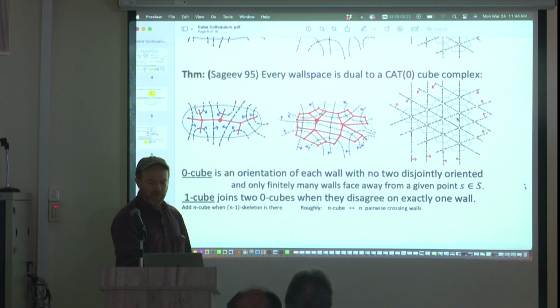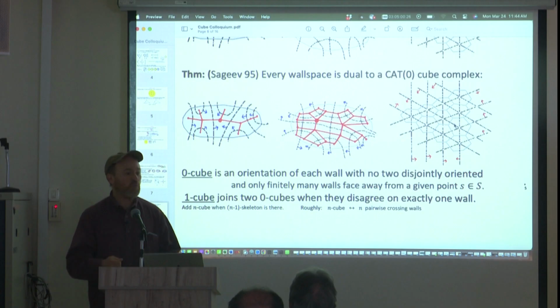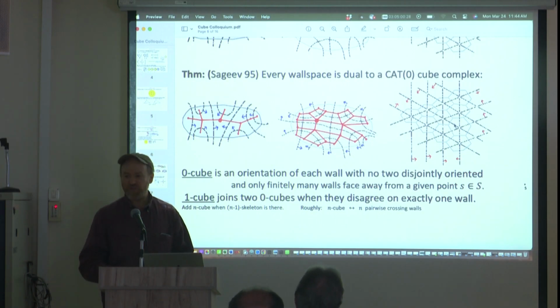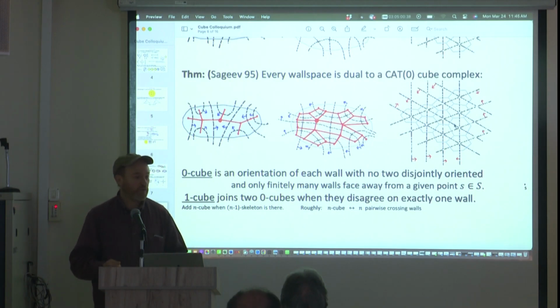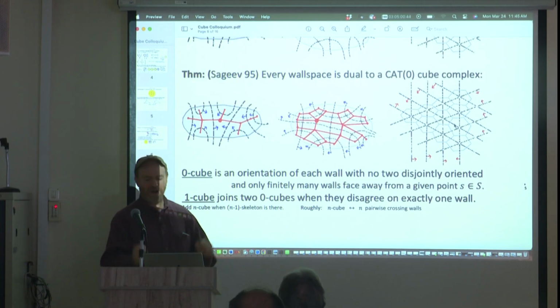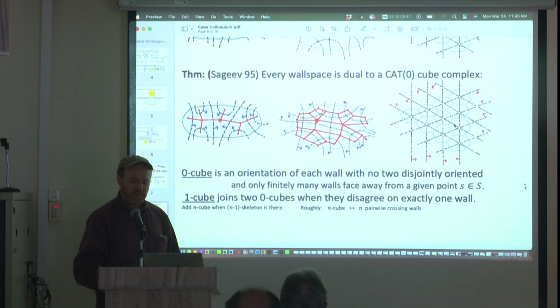Okay, so a fancy way of saying that is that you're choosing one half space for each wall. You're choosing one of its two half spaces, and you require that any two chosen half spaces intersect each other. A zero cube is a collection of chosen half spaces, one for each wall. That's a little bit more correct. If they pairwise intersect, then you're happy.